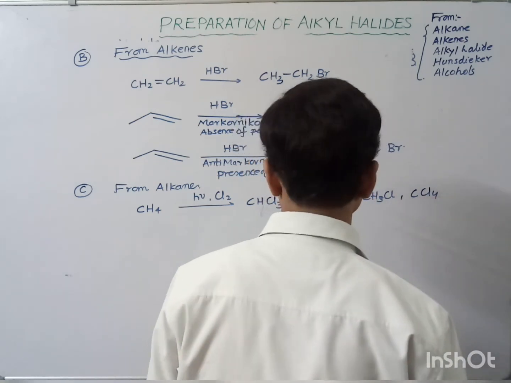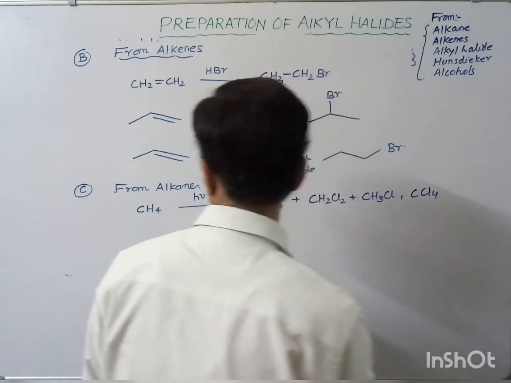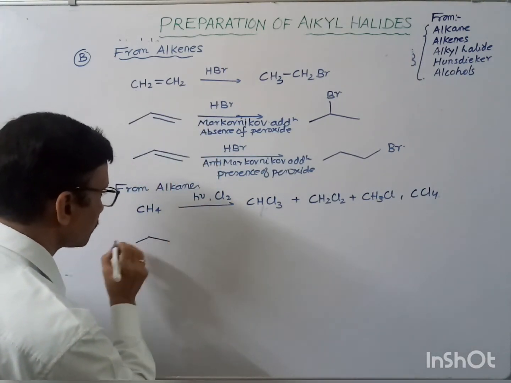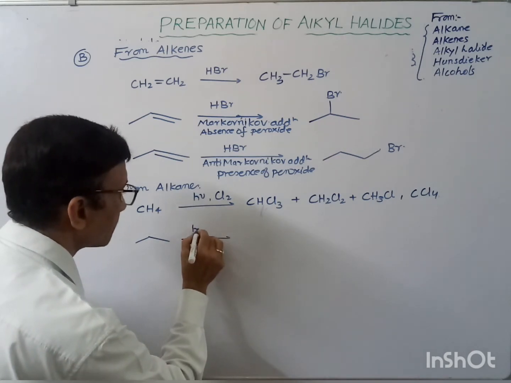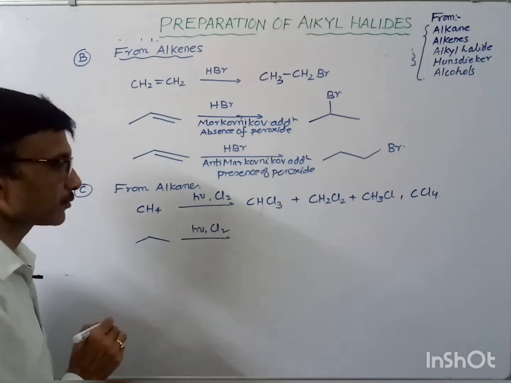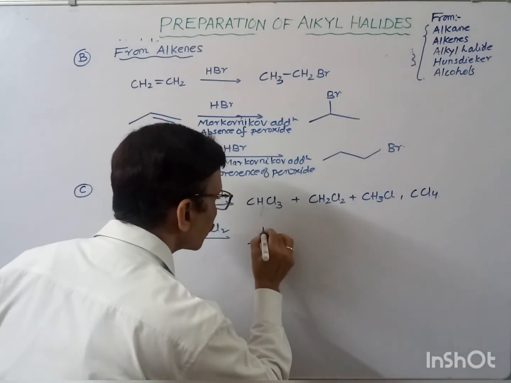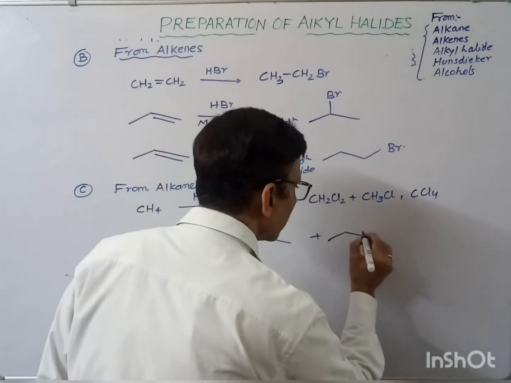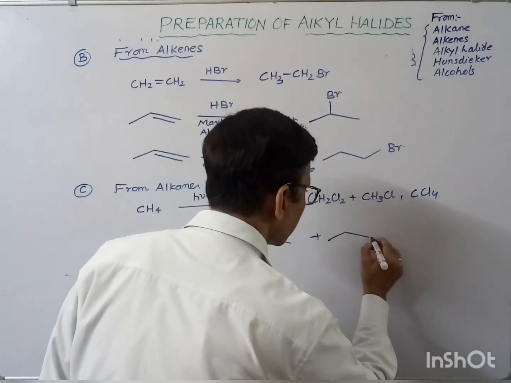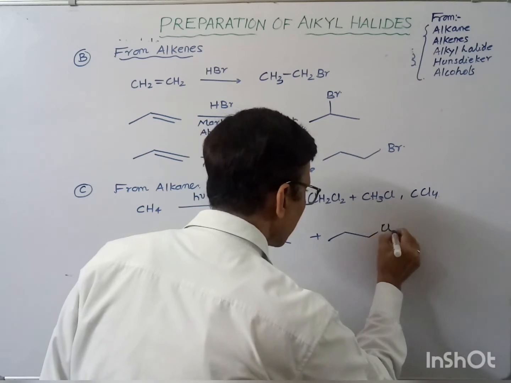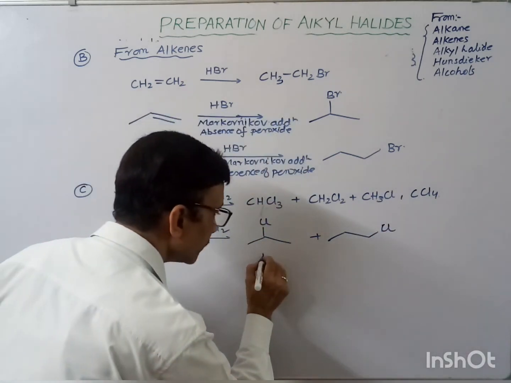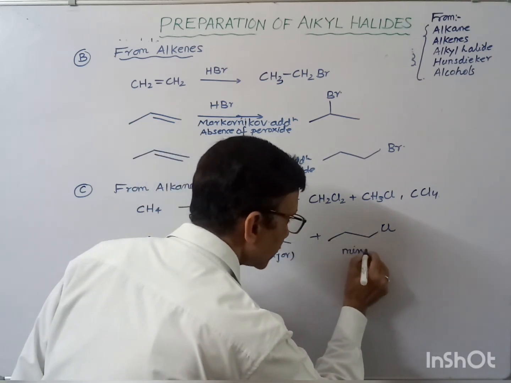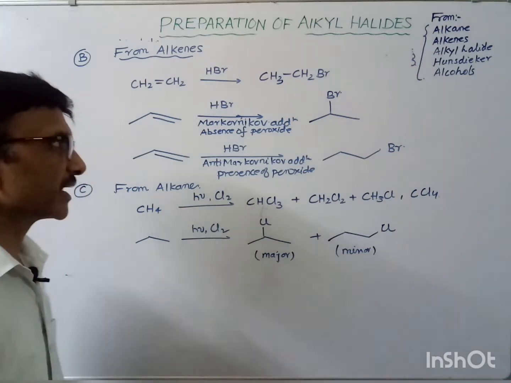Now suppose we have propane, then the product formed would be either the secondary alkyl halide, or we may also get the primary alkyl halide. The secondary alkyl halide would be the major product and the primary will be the minor product. So this takes place via the free radical mechanism.